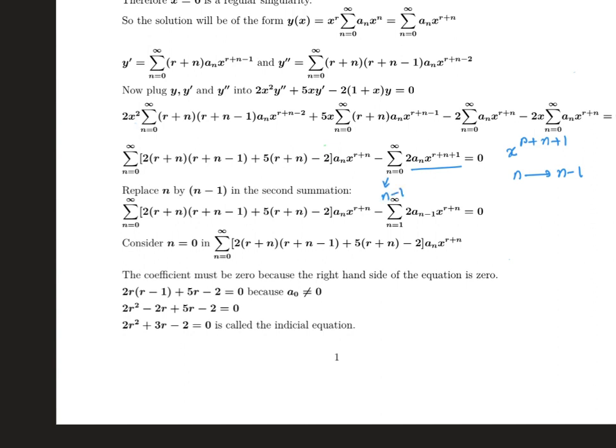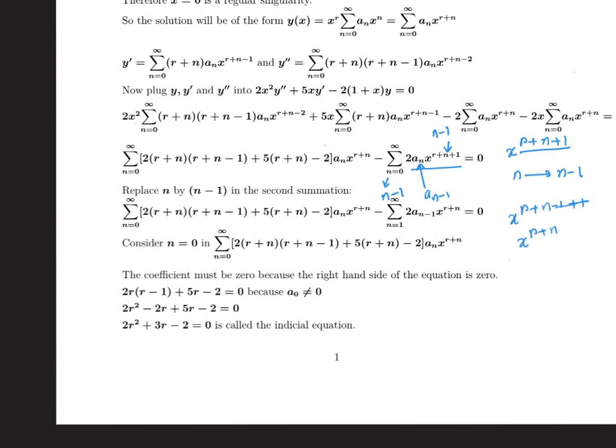So n minus 1 is going to be here, here a sub n is going to be a sub n minus 1, and then here n is going to be replaced by n minus 1. So what's going to happen here? You're going to have x to the power r plus n minus 1 plus 1. These two are going to cancel out, and that's going to give you x to the power r plus n.